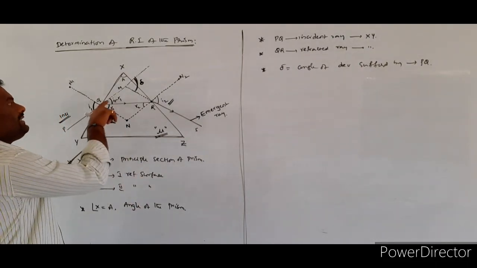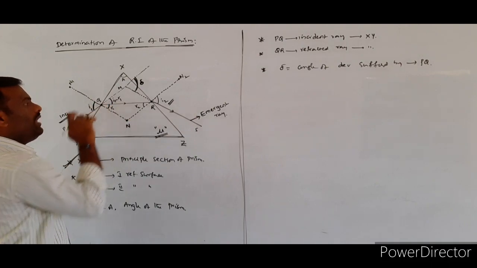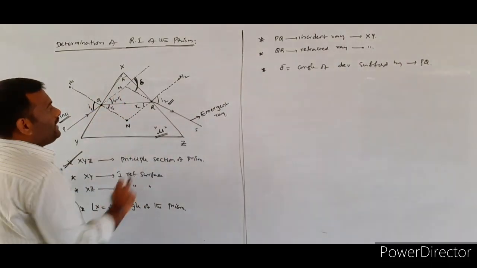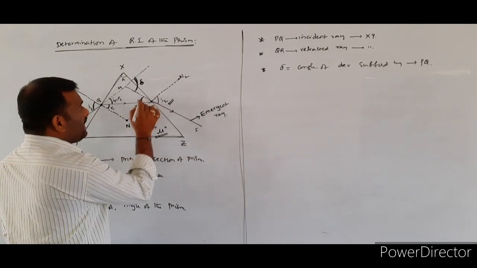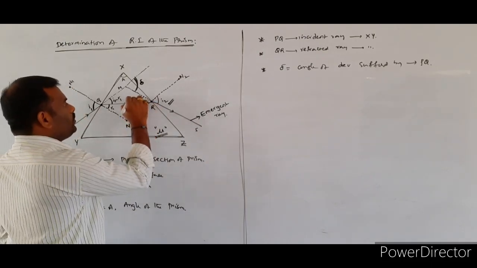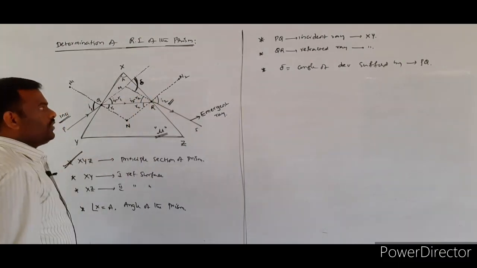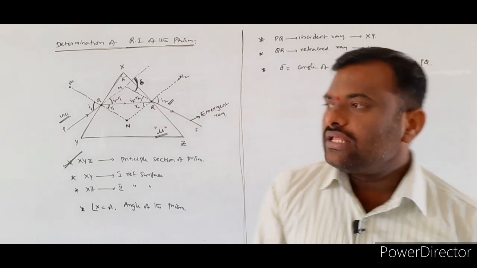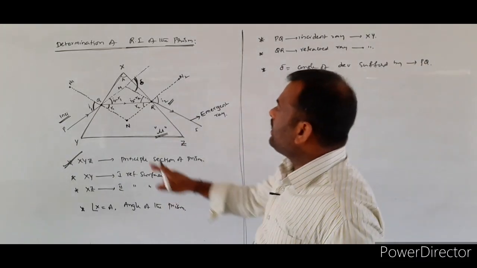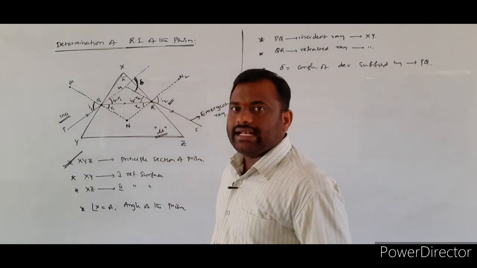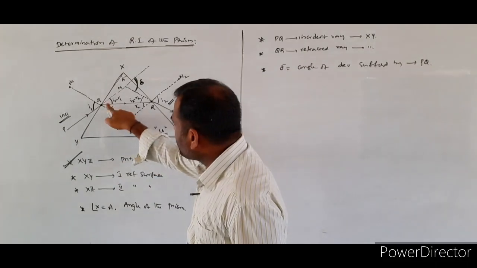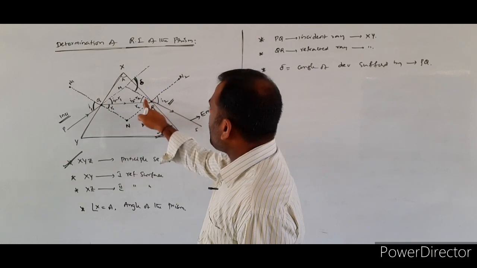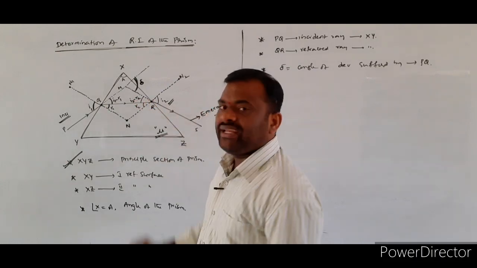In that triangle, the angle at Q is equal to I1 minus R1. In the same triangle, the angle at R is equal to I2 minus R2. Look at the diagram very carefully: in the small triangle QMR, the angle at Q is I1 minus R1, and the angle at R is I2 minus R2.